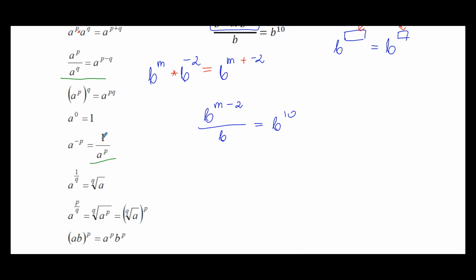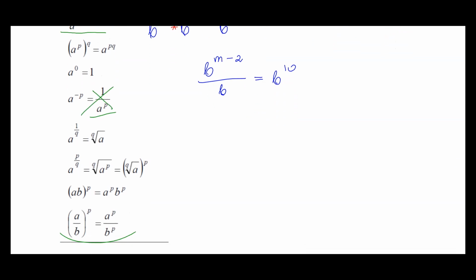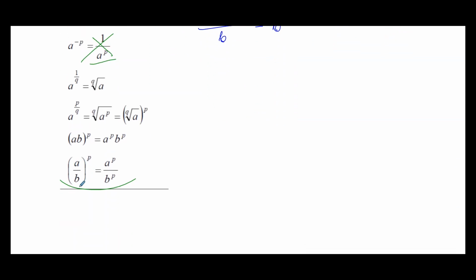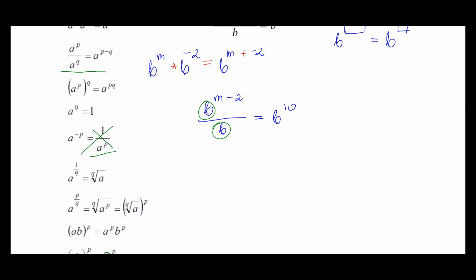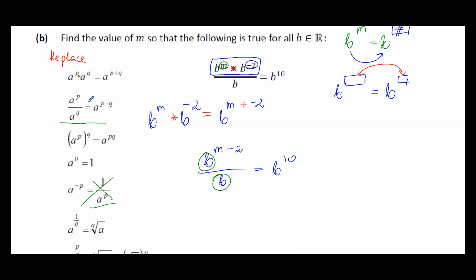Straight away, I can see that's not my situation because I don't have 1 on top. So I'm not considering this formula. When it comes to this formula here, what I have is a number that is taken to a power, a and b, two different numbers because they are represented by two different letters. Again, that's not my situation because I have b and b, the same. Okay, so that leaves me only with the first option.